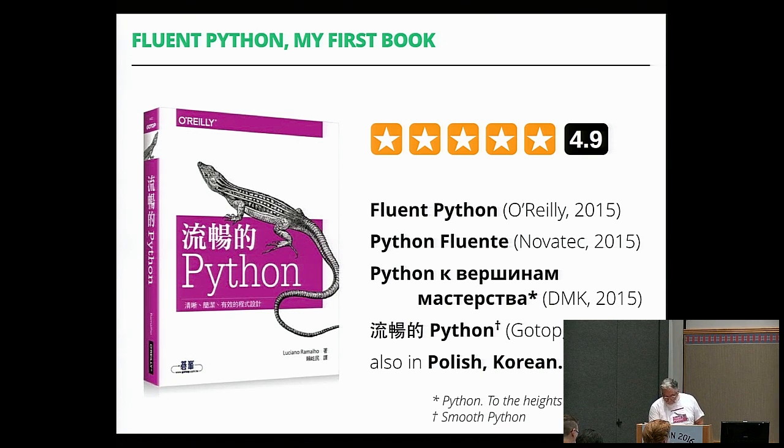And I love the translations they gave to the title in Russian. According to Google Translate, because I don't know Russian, it means Python to the heights of excellence. Isn't that cool? And the Chinese one is even cooler: smooth Python. That's awesome.